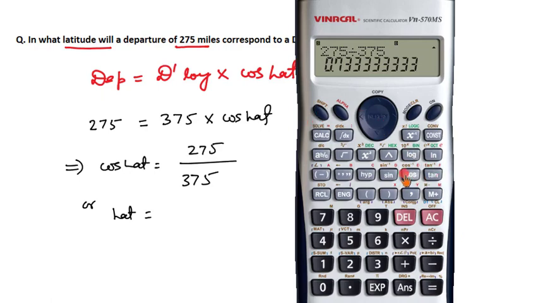Then cos inverse like this, and I get 42.83, or let me press it, this is 42 degree 50 minute and 0.3 second. Well, we can ignore this 0.3 second. Now the value is 42 degree 50 minute.